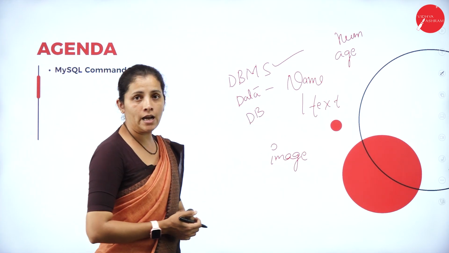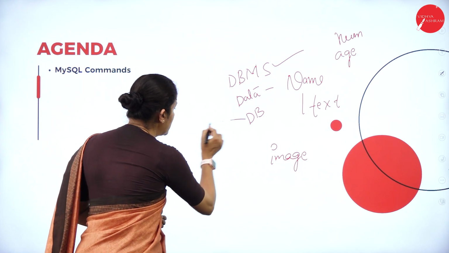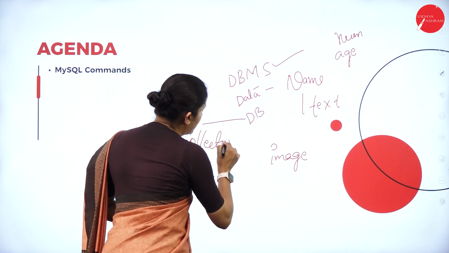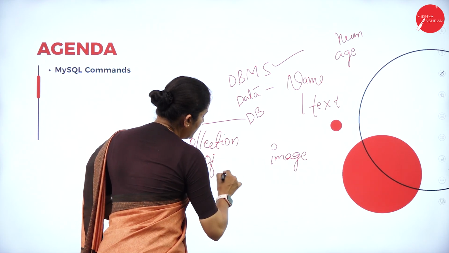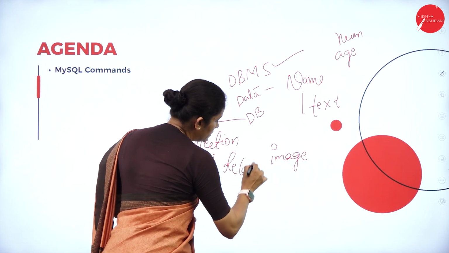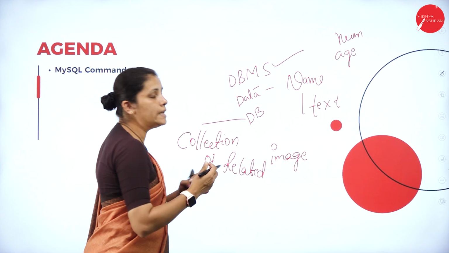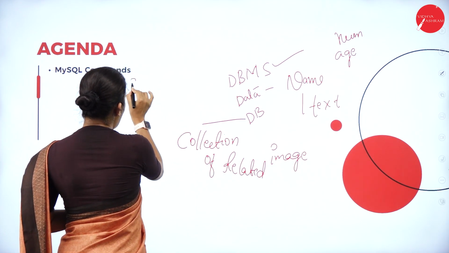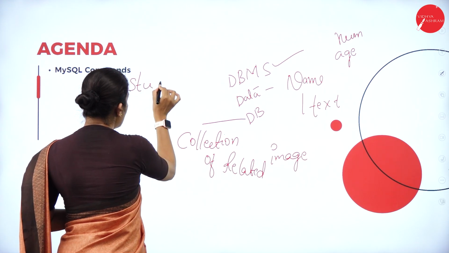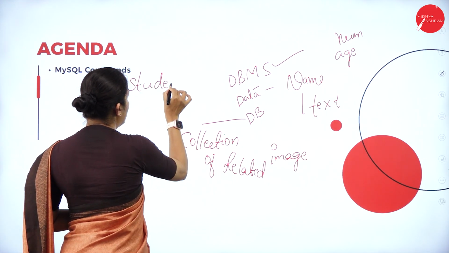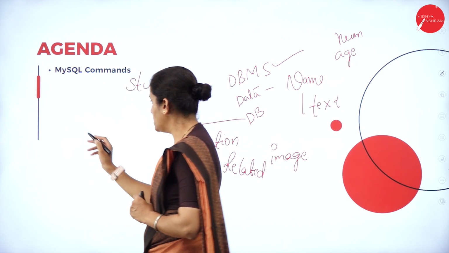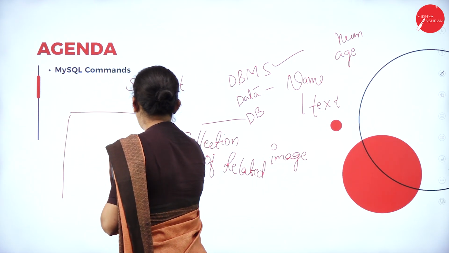Then what about database? Database is nothing but the collection of related data. So what is related data? If I have a database called student, what are the things I can have?